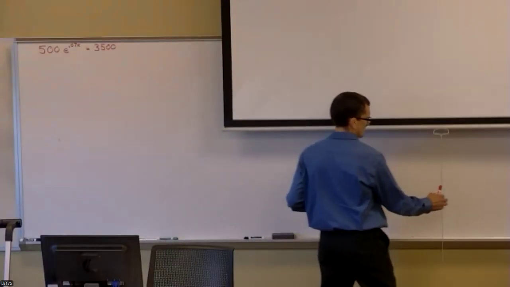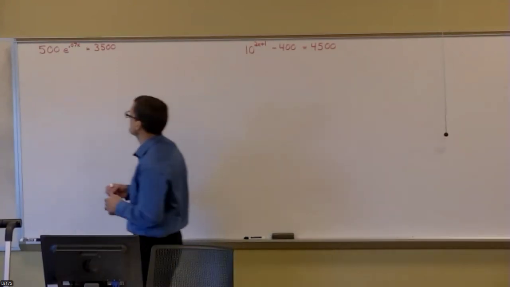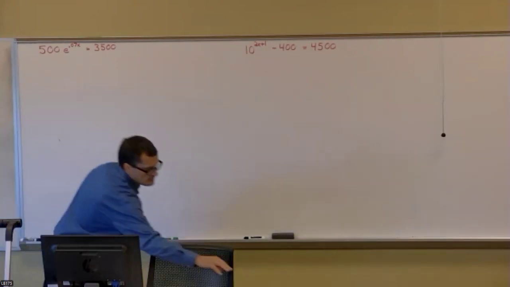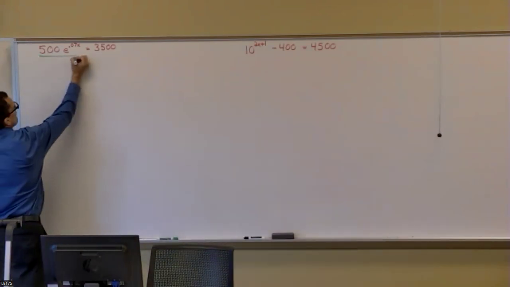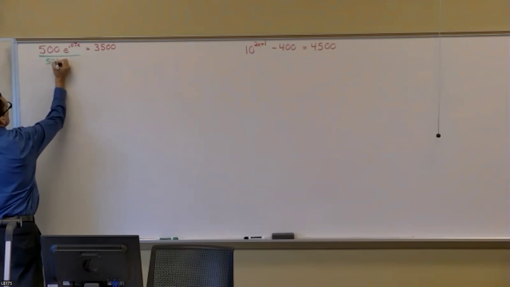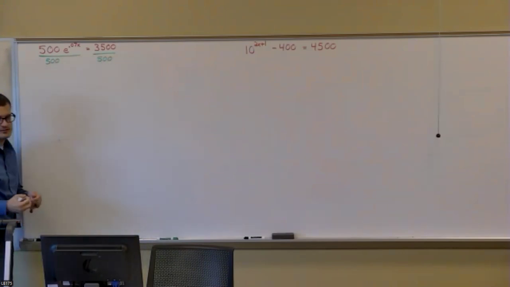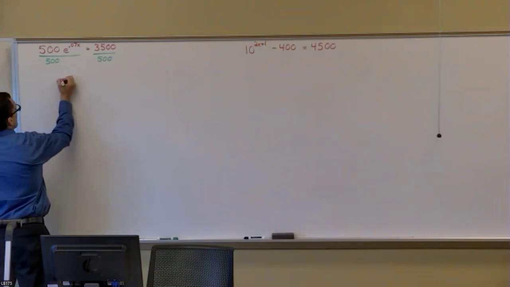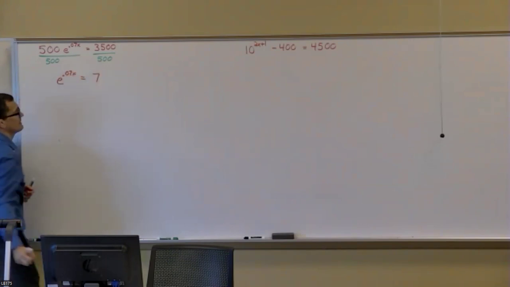All right, so let's do these. First thing I want to do is isolate the exponential part with the variable. So dividing both sides by 500 on this first equation would give me e to the 0.07x power is equal to 7.